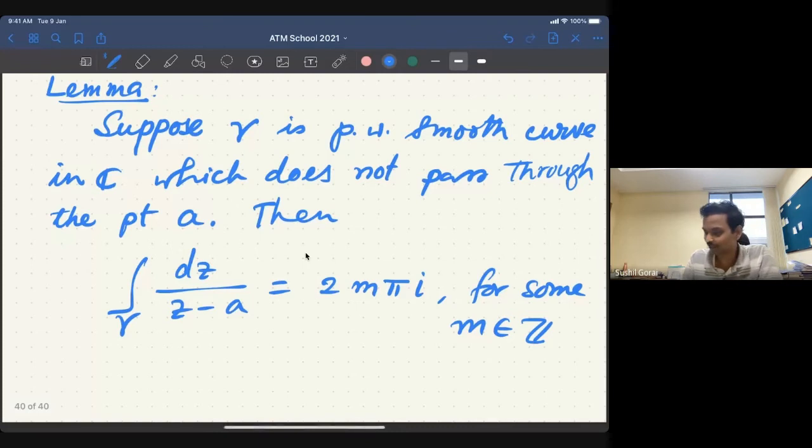So this you perhaps know, right? The point is you cannot prove it directly. You just need a trick.